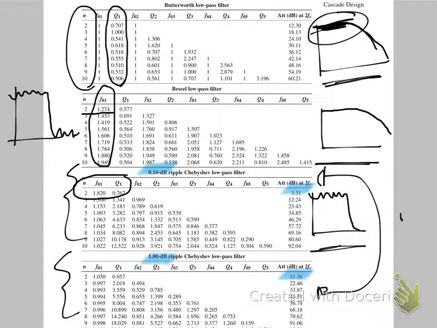And for your Chebychev, your Q factor is usually greater than 1. So if you have a higher Q factor, you're going to have a higher ripple.